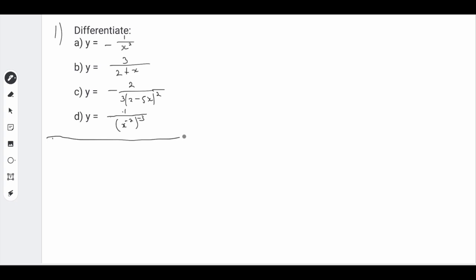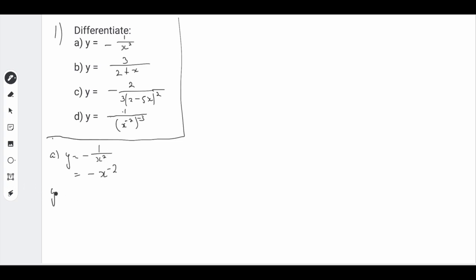So let's have a look at part A here. We have y equals negative 1 over x squared. And I immediately recognize that in this form itself, I can't really differentiate it. So I'm going to write it as negative x to the power of minus 2, right? Bring that x squared to the numerator.